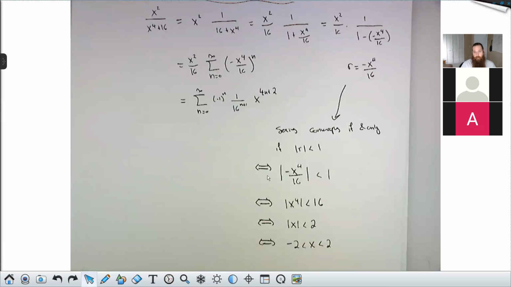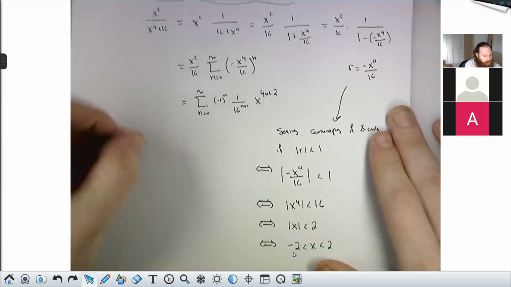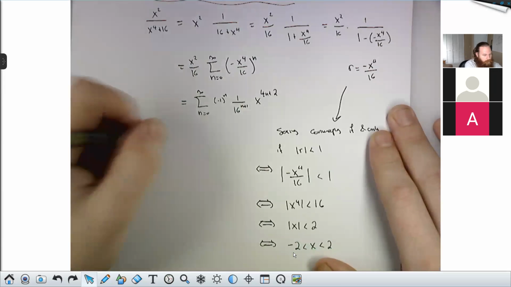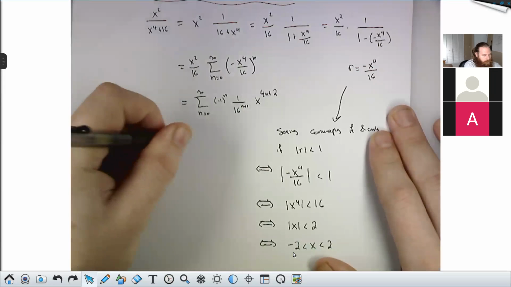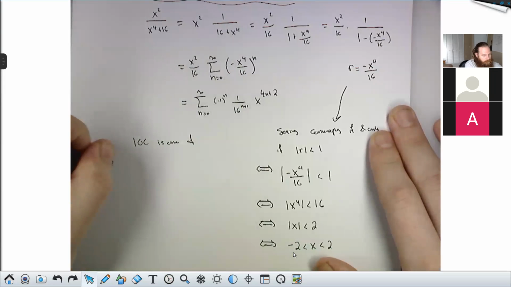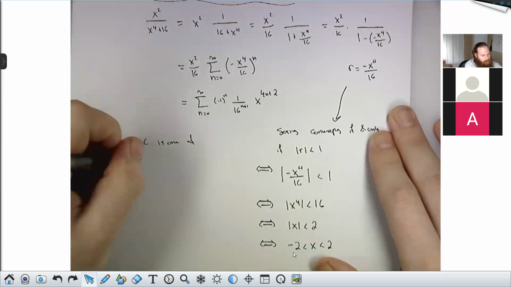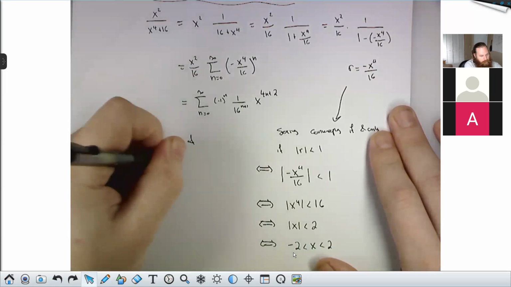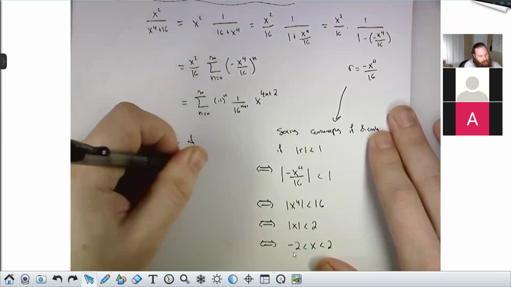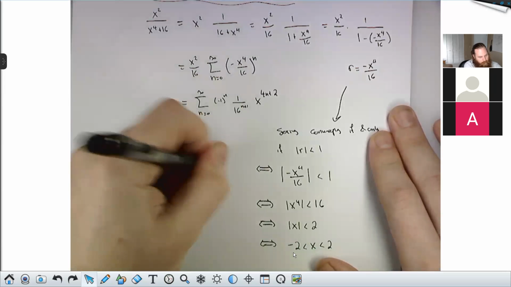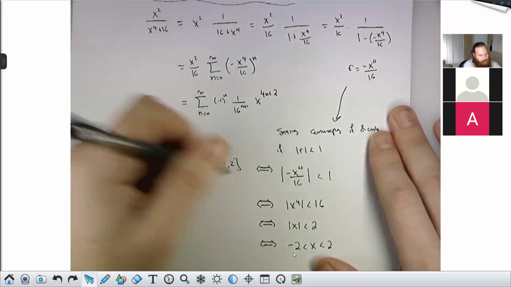You don't have to, because it's just a geometric series and you haven't done any integration or differentiation. So the interval of convergence is one of these: negative 2 to 2 with each combination of open or closed endpoints.